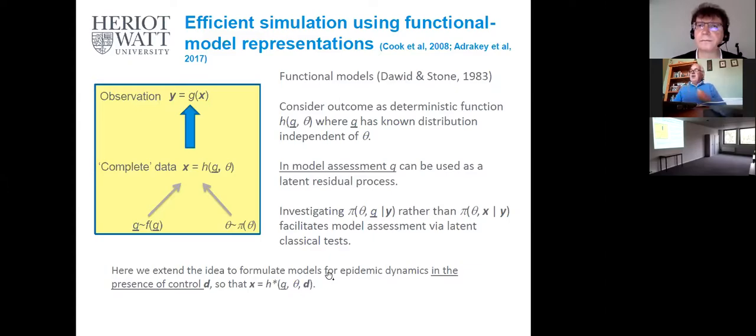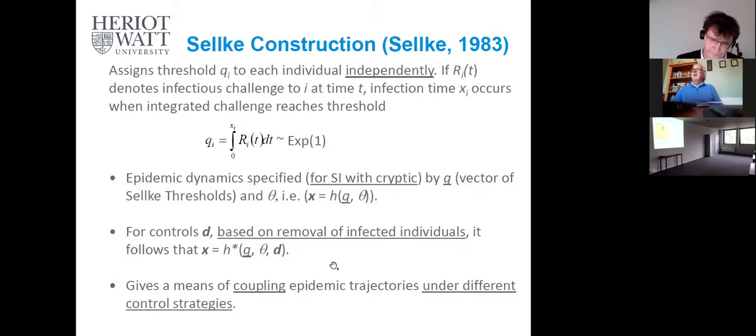So in particular, I'm going to look at control strategies which are based on removal of individuals from the population. So D will be a strategy which will involve looking at the population at a certain time and removing certain individuals from that. And it's fairly easy to formulate a functional model where we can introduce the control strategy as well.